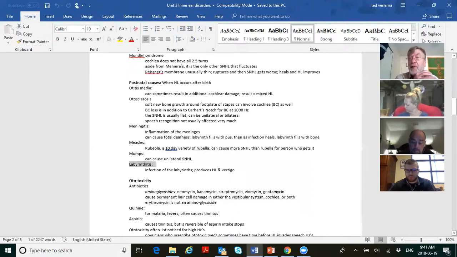Now, when you think about labyrinthitis, itis being an inflammation, you would rather have a viral infection than a bacterial. A bacterial infection, bacteria is germs. Germs are cells. Cells are huge. A bacterial infection of the cochlea eradicates your cochlea. You're deaf.